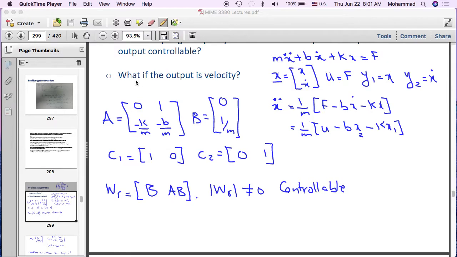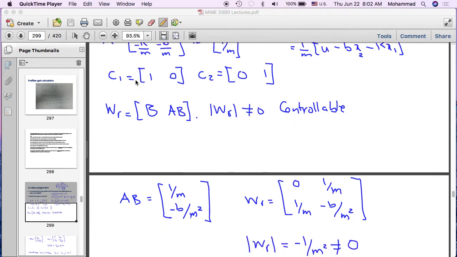So this was a second order system. So that meant in the controllability matrix, the highest power of A was going to be 1. So the matrix therefore is made of B as the first column, AB as the second column. So it's going to be a 2 by 2 matrix because the order of the system is 2. So as long as WR is non-zero, or the determinant of WR is non-zero, we have a controllable system.